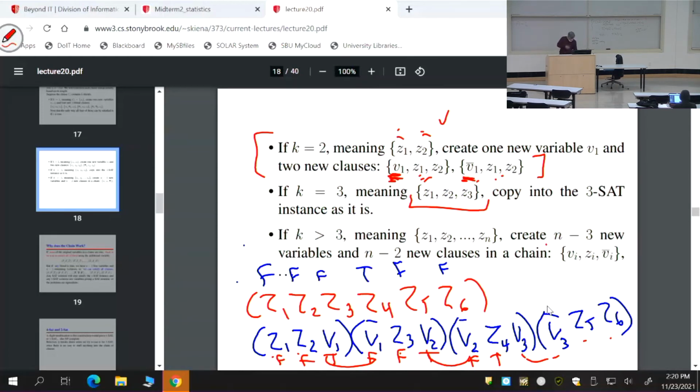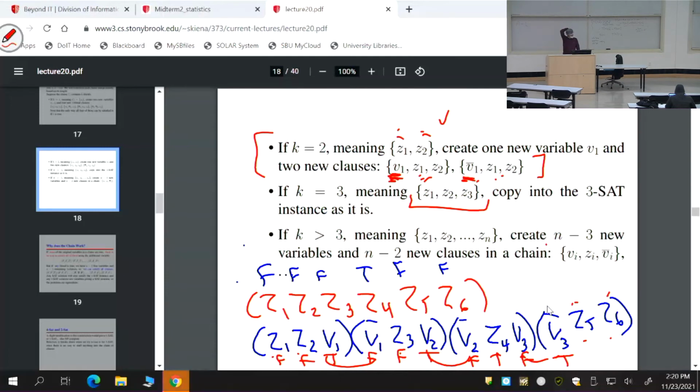And now, what should I do with V3 in order to maximize my chances of satisfying everything? I don't need V1 to V3 to be true. If I make it false, I get a true in the next clause, regardless of what those things are.